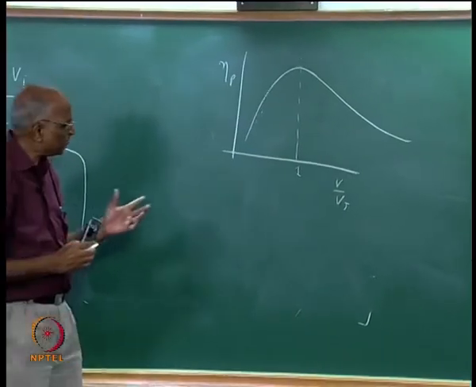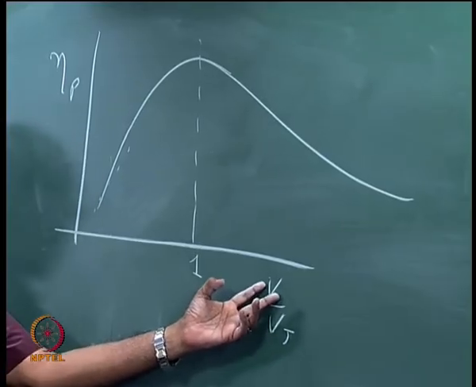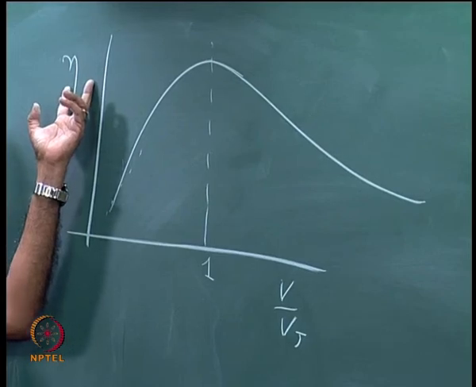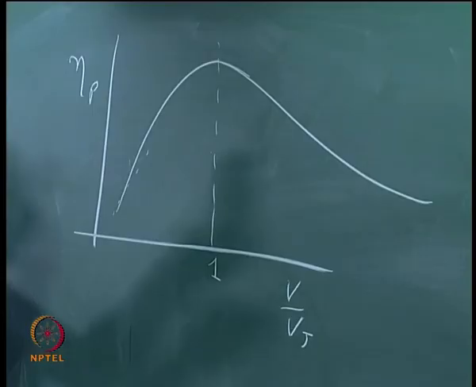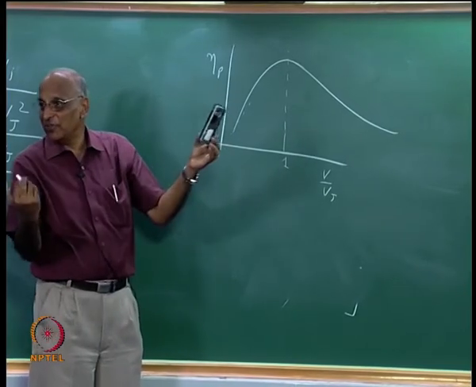Therefore, if I can have the exhaust velocity equal to the velocity of flight, I may be able to get the maximum propulsive efficiency, or rather, as the velocity of the rocket changes, if I can somehow keep changing my exhaust jet velocity, I can get a better efficiency.